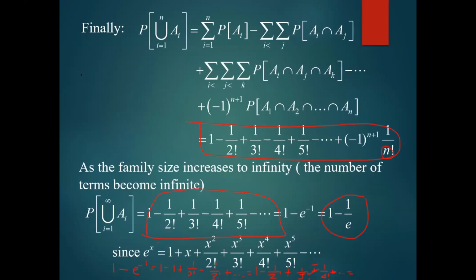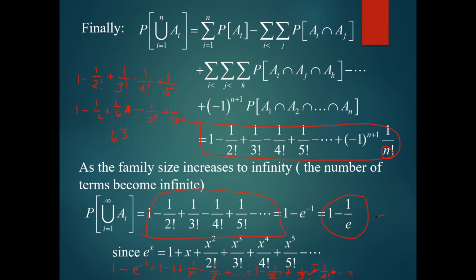So that's 1 minus 1/2 plus 1/6 minus 1/24 plus 1/120. So what's the result there? 0.63. It is actually a big probability.